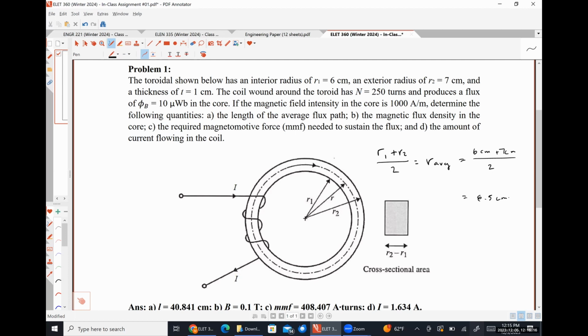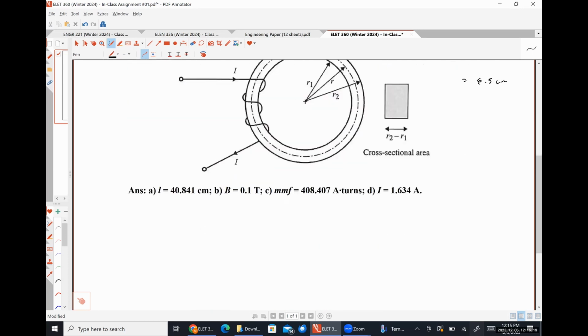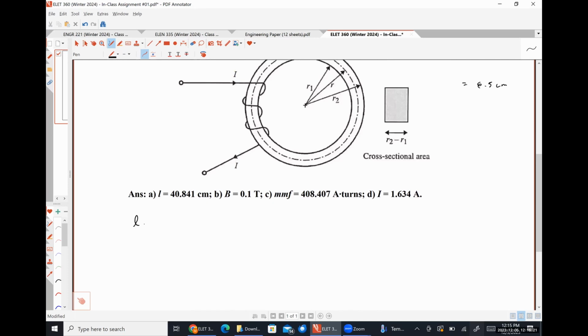2 pi times the radius, absolutely, right? So our average flux path length, L average, is going to be 2 pi times R average, or 2 pi times 6.5 centimeters.